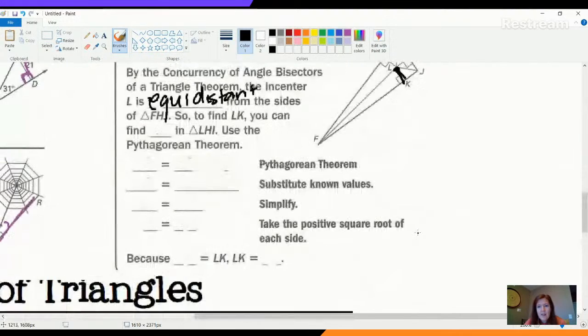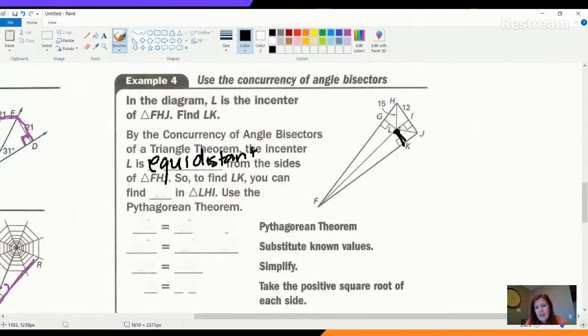There we go. Okay, so we want to find LK, but we know from the theorem that if this is the in-center, then LK has to be equal to LI and LG. All of those are equal to each other, right?